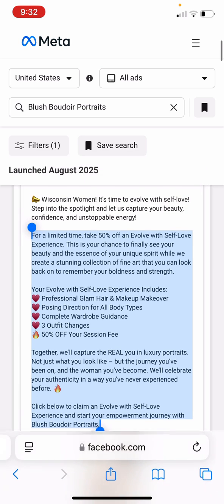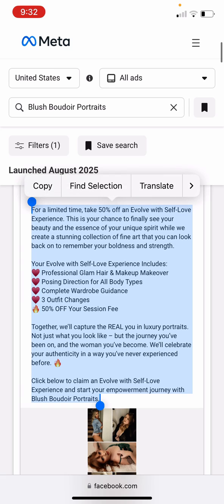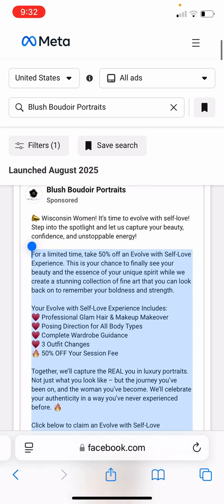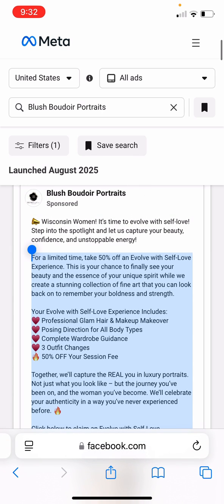Third mistake that could happen in the body copy is, well, the third thing we want in the body copy is the full offer. So let's see: see your beauty and essence of your unique spirit. Okay.